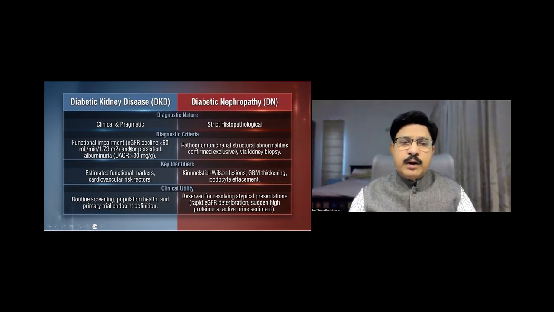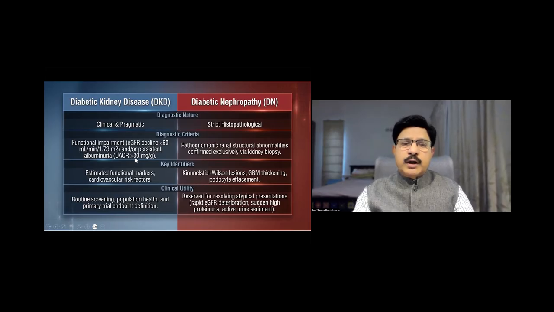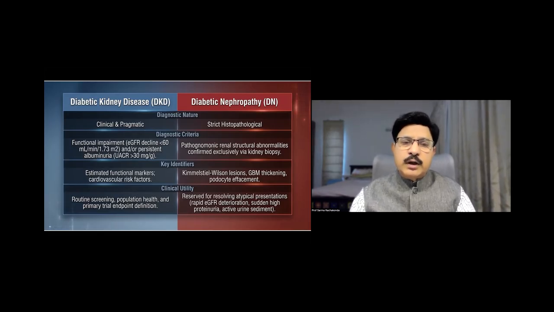Functional impairment, eGFR decline to less than 60 ml per minute per 1.73 square meter, and/or persistent proteinuria, albuminuria, urine albumin creatinine ratio more than 30 milligrams per gram. So two important variables: eGFR should be less than 60 and urine albumin creatinine ratio more than 30 milligrams per gram. This is the clinical criteria.